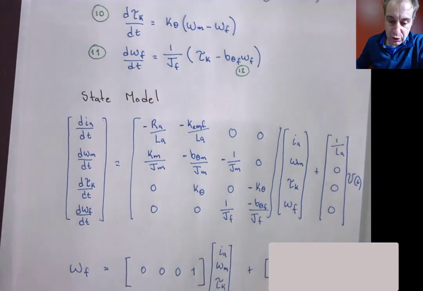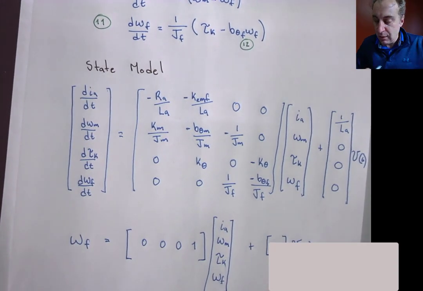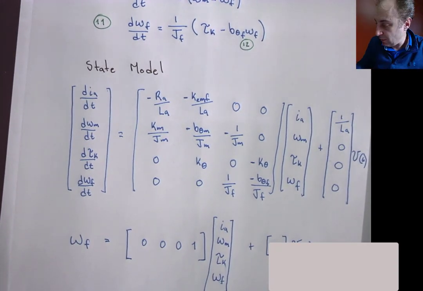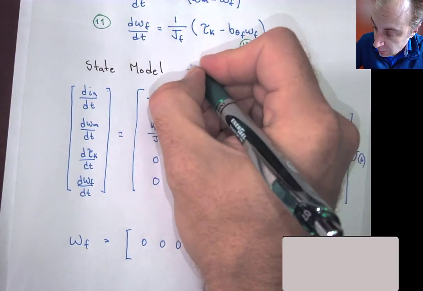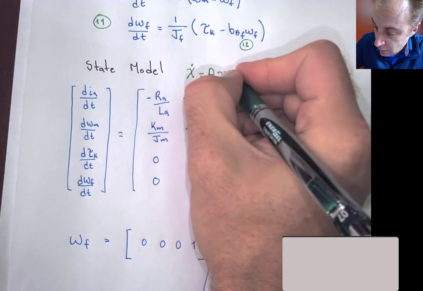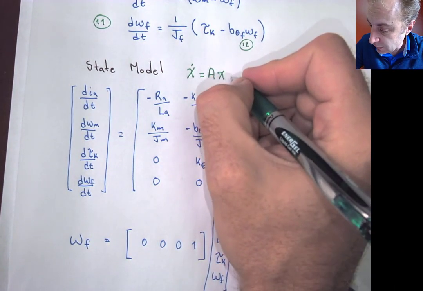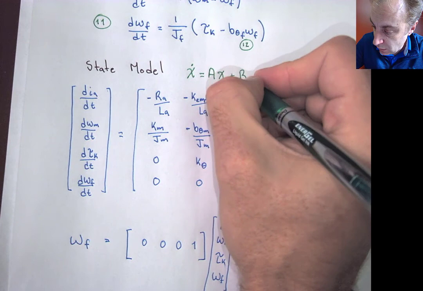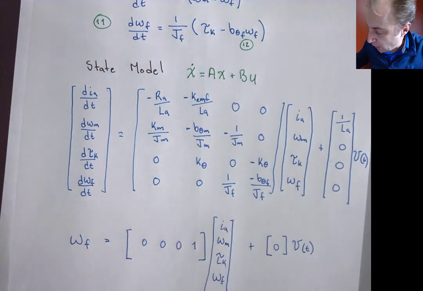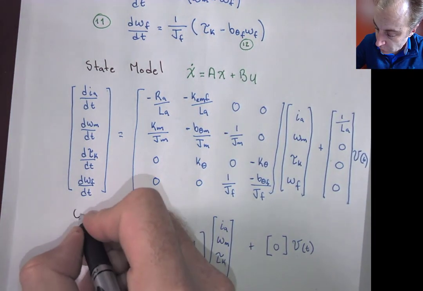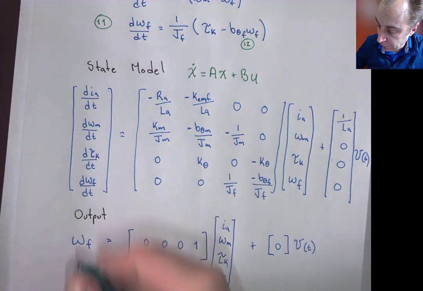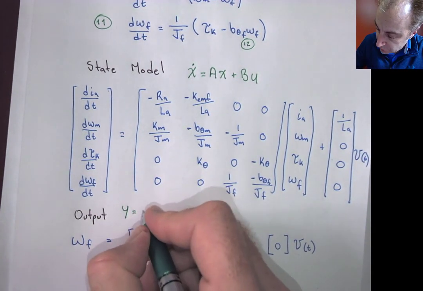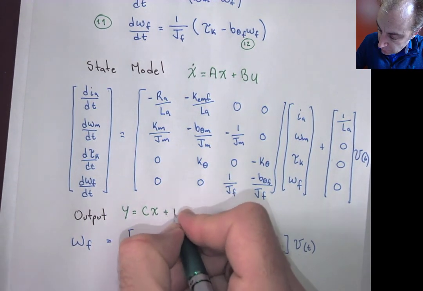Okay, so this is kind of what would be an output on its own. So this is the state model of the form x dot equals Ax plus Bu, and then the output would be y equals Cx plus Du.